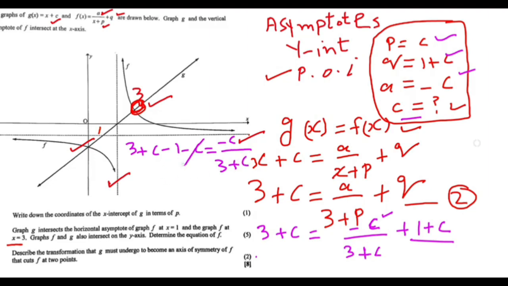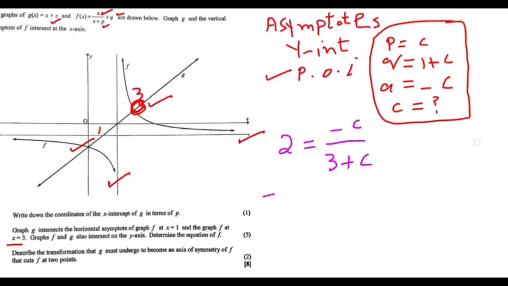So negative and positive cancel, positive 3 and negative 1 is only left positive 2, and this becomes negative c over 3 plus c.